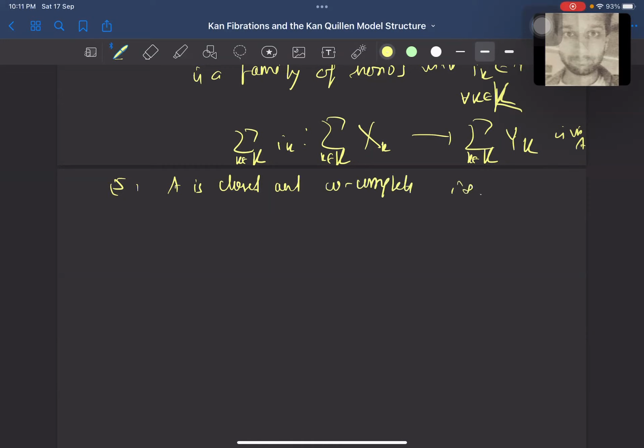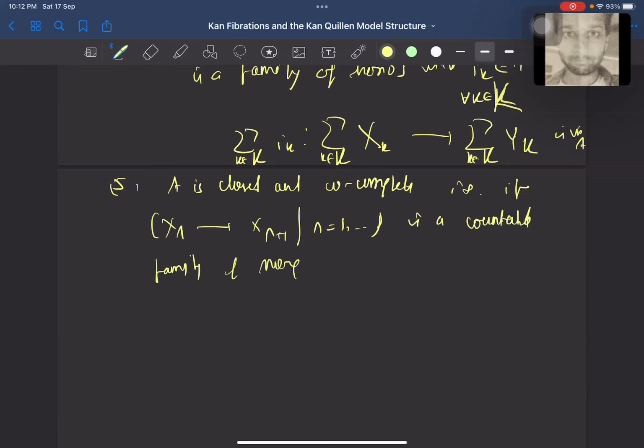So if this is a countable family of morphisms in A, then take the limit.